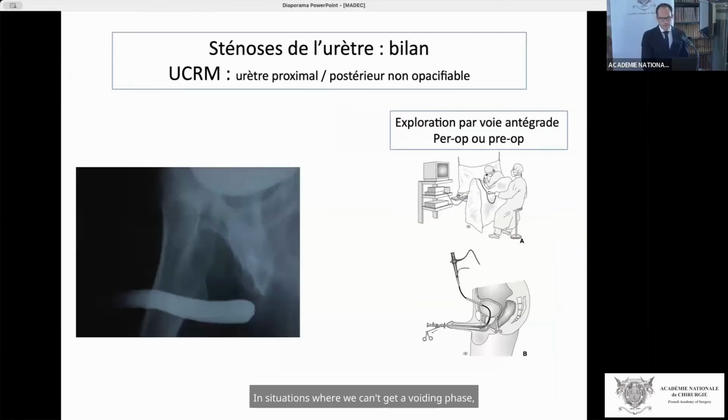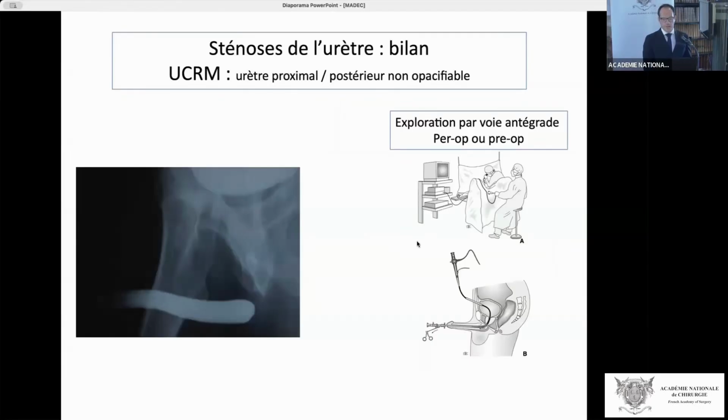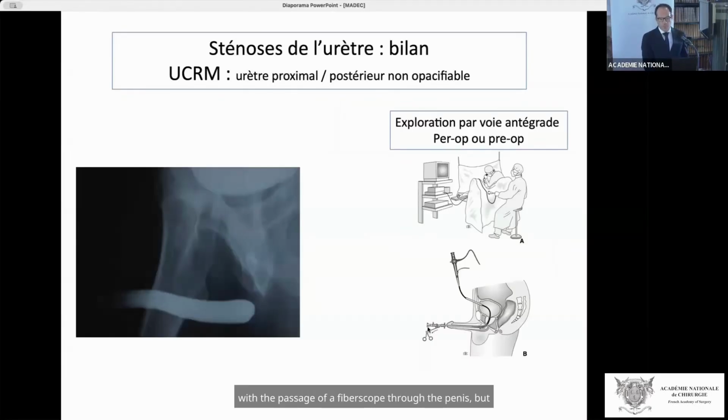In situations where we can't get a voiding phase, notably because the bladder neck remains closed, we can consider explorations in the operating room, possibly in consultation under local anesthesia, with the passage of a fibroscope through the penis, but also through a suprapubic cystostomy if the patient previously had a suprapubic catheter.